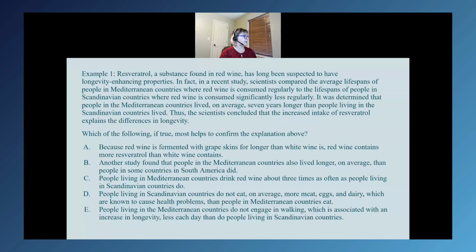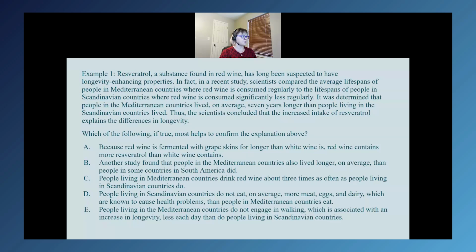And E, people living in the Mediterranean countries do not engage in walking, which is associated with an increase in longevity, less each day than do people living in Scandinavian countries. I think this one is like a direction trap. It goes in the wrong direction.